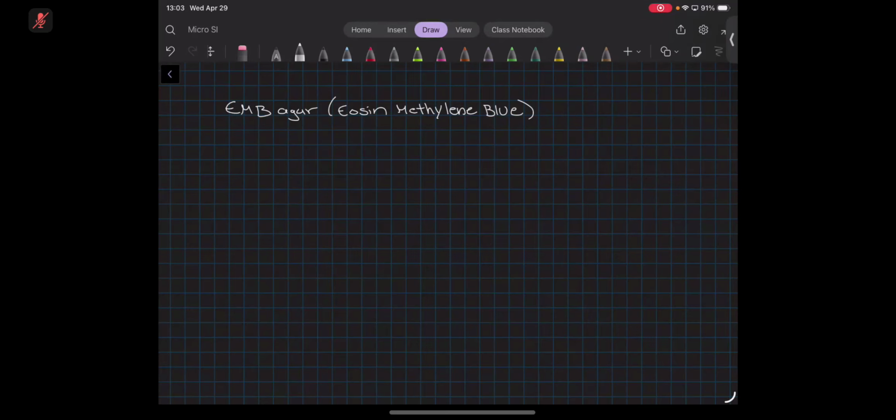So, do you guys remember, is this selective or differential? Anybody? Selective? Wrong, it's both. You need to know it's both.